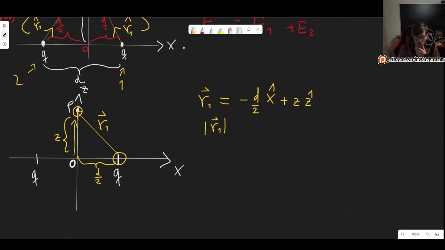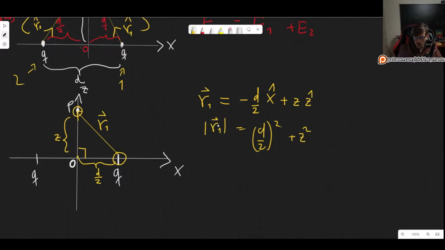Well, we can just look at this image right there. I'm going to get rid of this line to not confuse you. To find the modulus, which is the length of this thing right there, we see that this is a right angle. So we can use the Pythagoras theorem here. So that means that this side squared, so d over 2 squared, plus this side squared, which is z squared, is going to be this side squared.